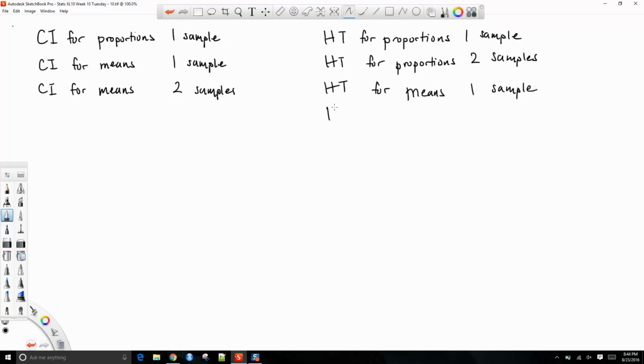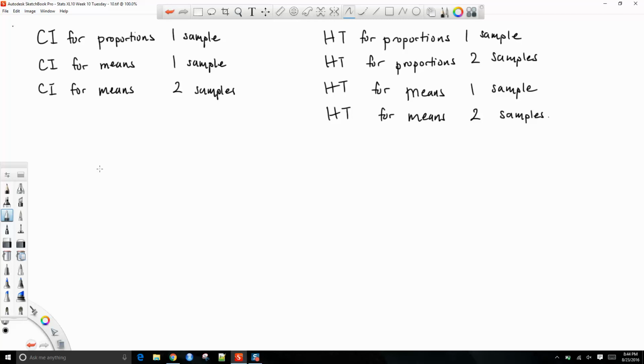And hypothesis tests for means, two samples. You're going to have to be able to identify which of these scenarios you're dealing with, because if you mess up this part, then the rest of your problem will go badly.